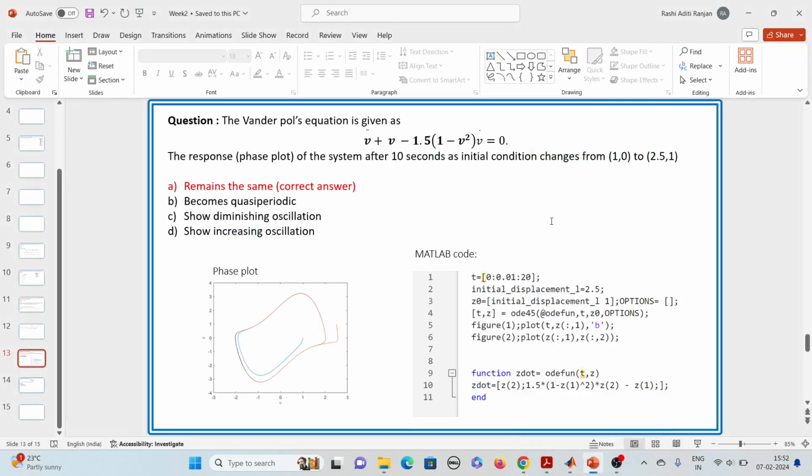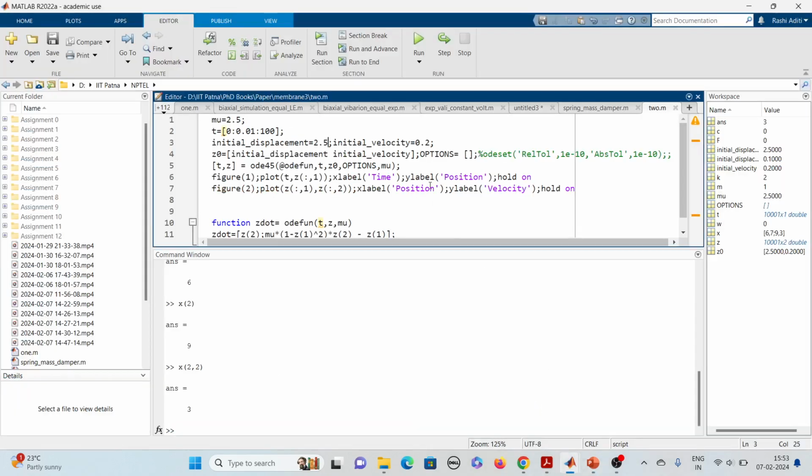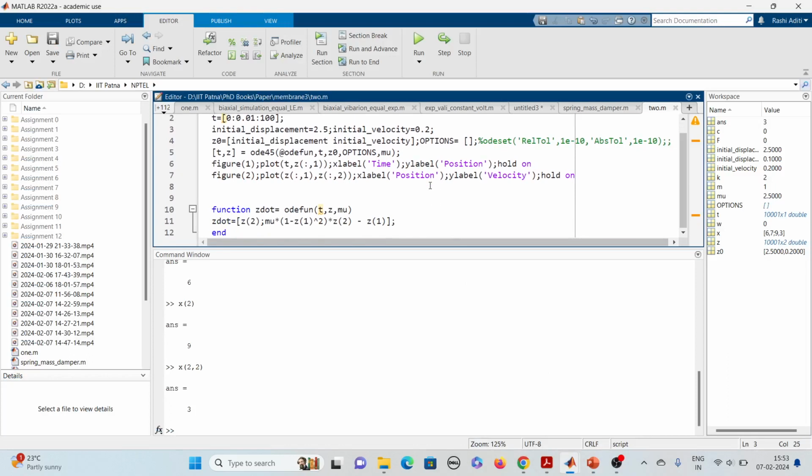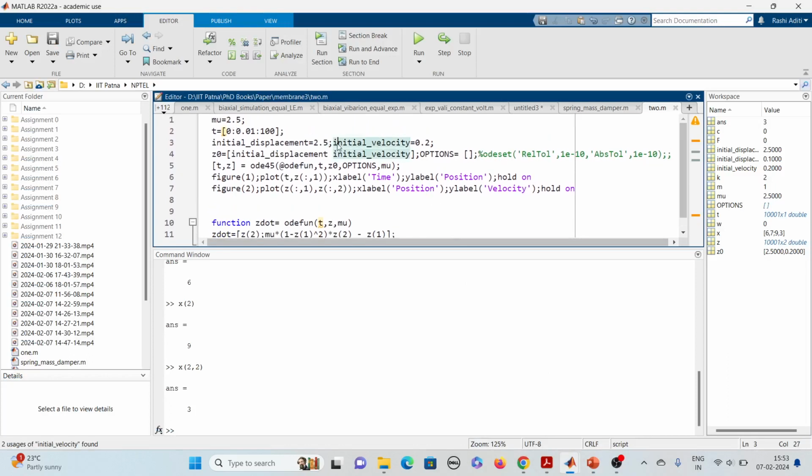So here I guess it is clear to you that in the phase plot, it is going to remain the same despite the initial condition because of the limit cycle, right? So this is the code, and I hope that every line of this code is clear to you all, because I've explained it in the case of the spring mass damper system also.